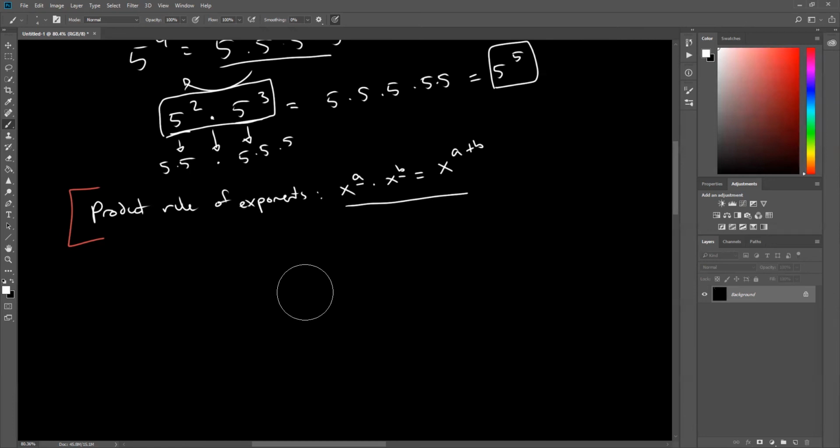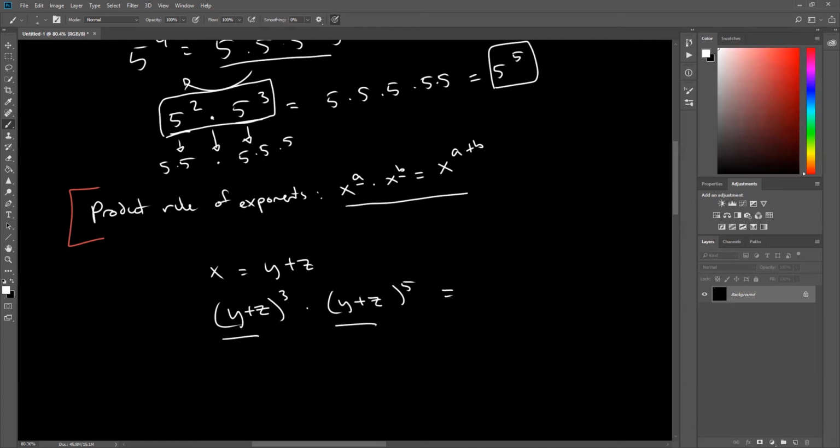Okay, so continuing on this, since x is a variable, x can equal anything, even more variables. So let's just say x is equal to y plus z. In that same way, y plus z to the 3 times y plus z to the 5, these are still the same base, so we can still carry it out as normal.